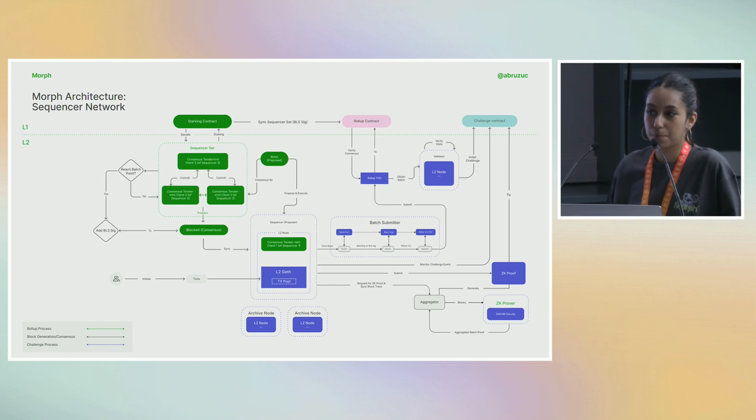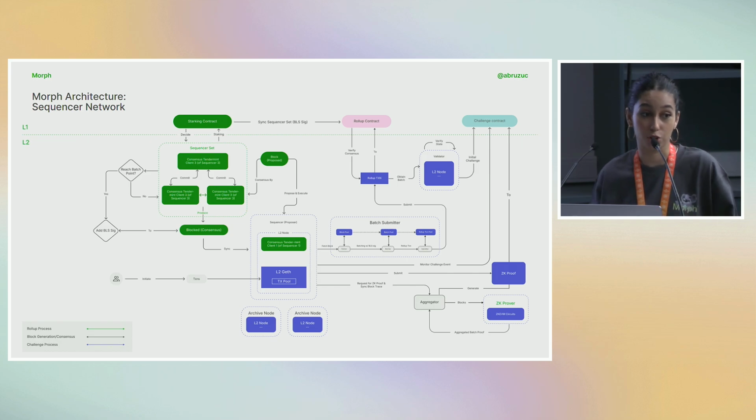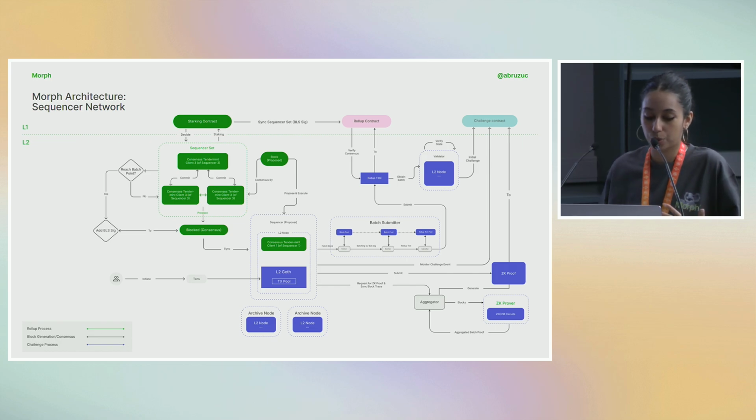The participants need to put down some ETH, and this is done through our staking contract. Then they go through an election to become a sequencer. Right now we are running 7 sequencers on testnet, but we will open it to partners after mainnet, and they will need to go through this staking election process.